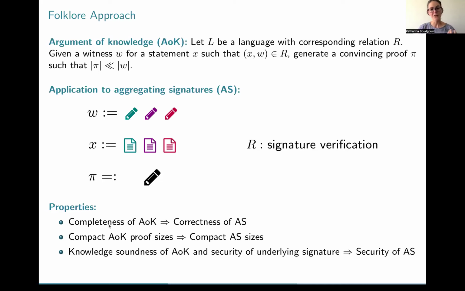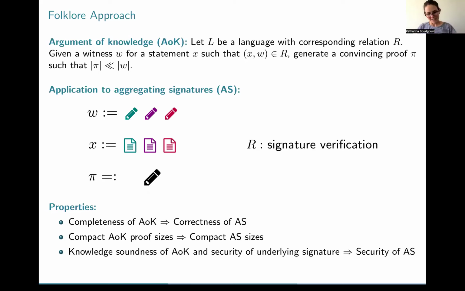If you have a complete argument of knowledge, then this gives you a correct aggregate signature. If you have an argument of knowledge that gives you compact proof sizes, then of course your aggregate signature will also be compact and give you good compression rates.